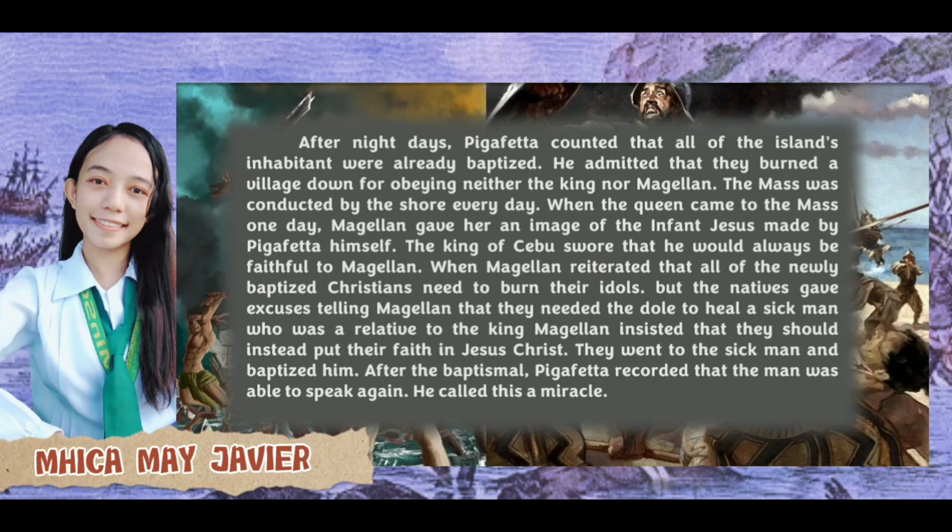Magellan insisted that they should instead put their faith in Jesus Christ. They went to the sick man and baptized him. After the baptism, Pigafetta recorded that the man was able to speak again. He called this a miracle.